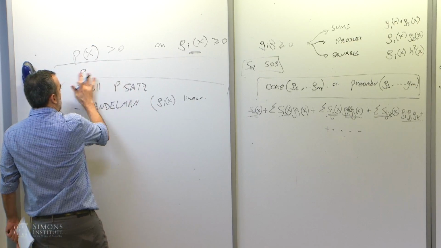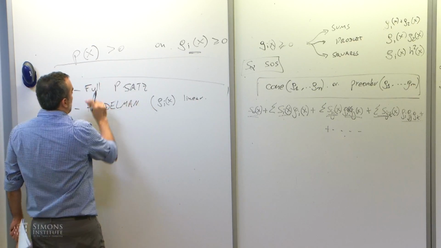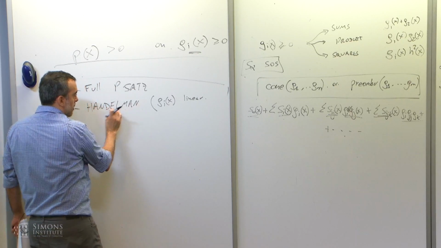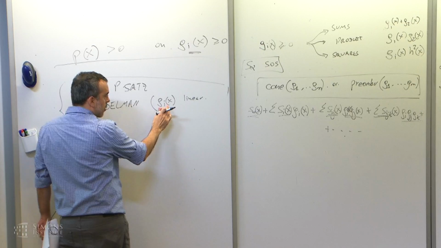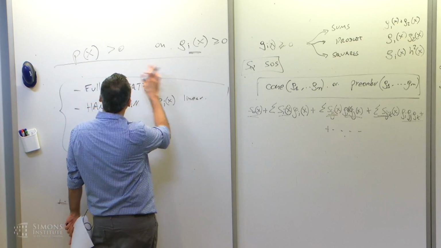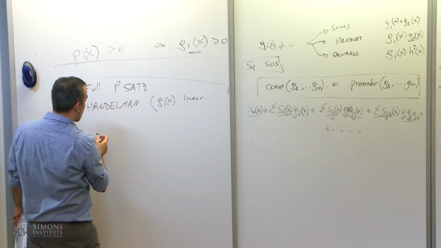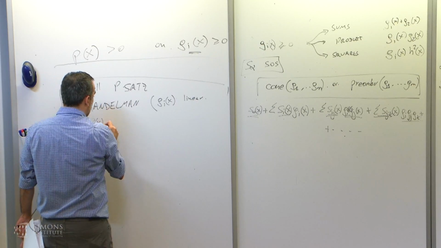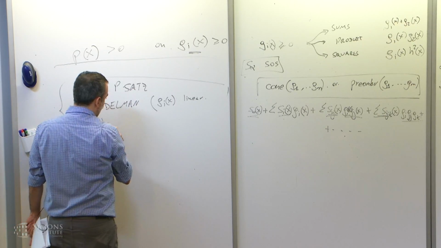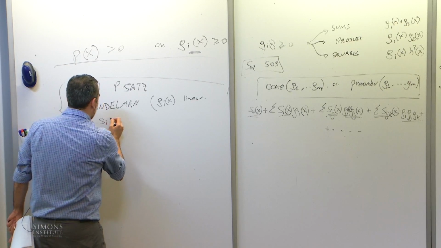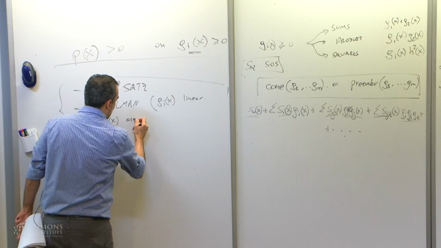Let me make it precise. So for instance, the particular case where these Handelman representations apply is whenever my constraints are linear, so really it's a polynomial strictly positive on a polytope. So what Handelman says is that in that case P has a representation of the form, let me perhaps write it explicitly, where all the S sub i's are constants.